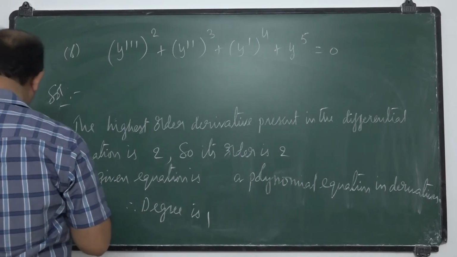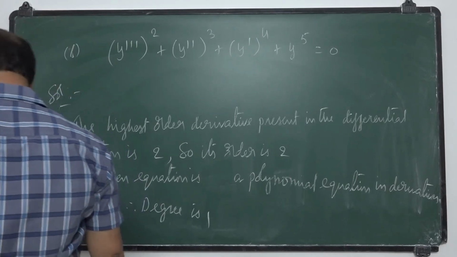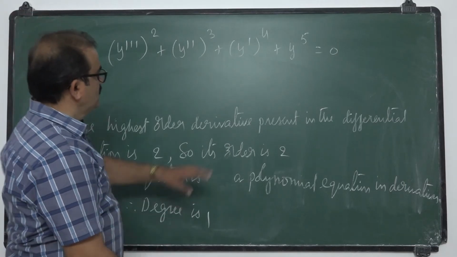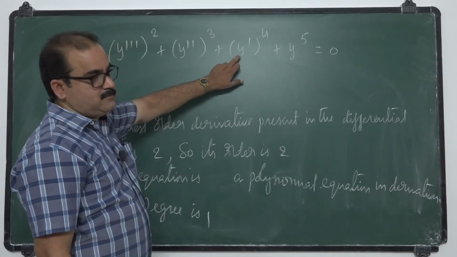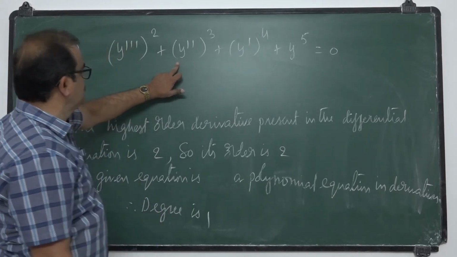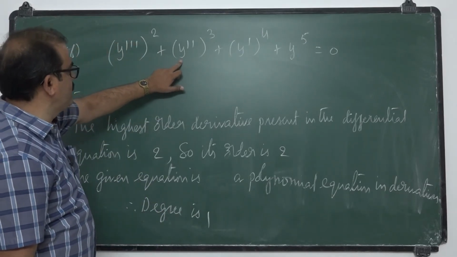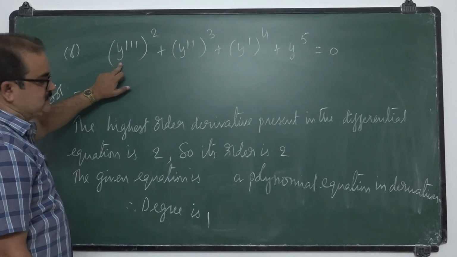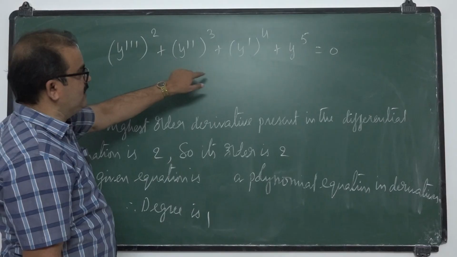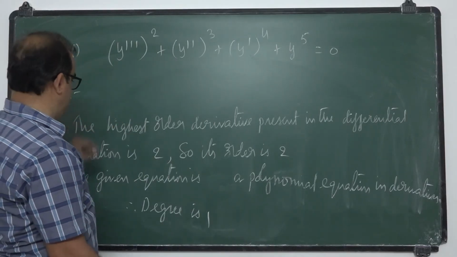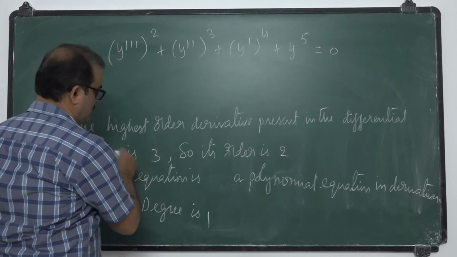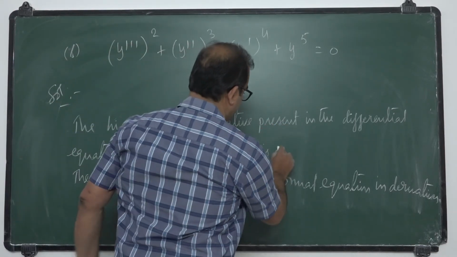Find order and degree. Y dash means first derivative of y. Y double dash means second derivative of y. Y triple dash is the third derivative of y. So what is the highest derivative here? 3.